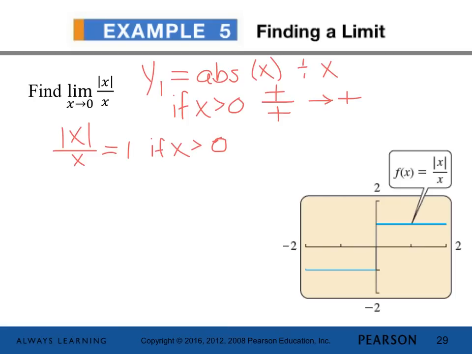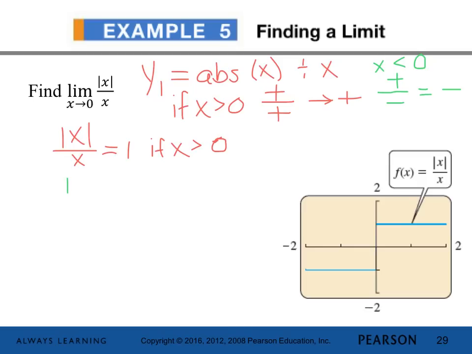But if x is negative, on the other hand, well, the absolute value of a negative number is positive, but x itself is negative, and a positive over a negative is always going to equal a negative result. And since the numbers themselves are going to be the same, for example -1, if you take the absolute value of -1, that's 1, divided by -1, your answer is negative.